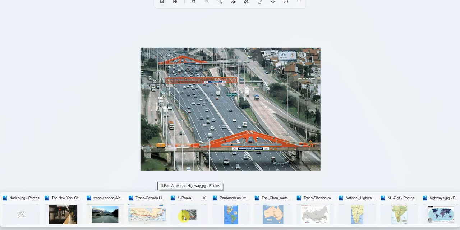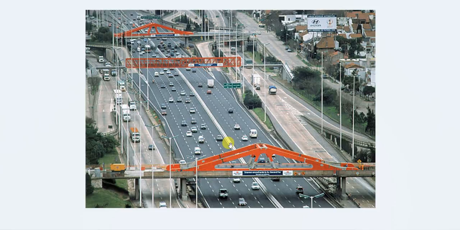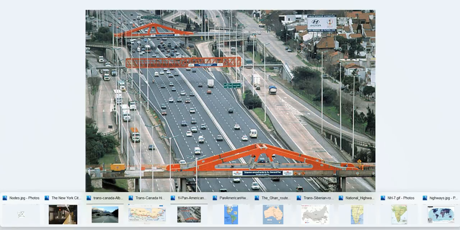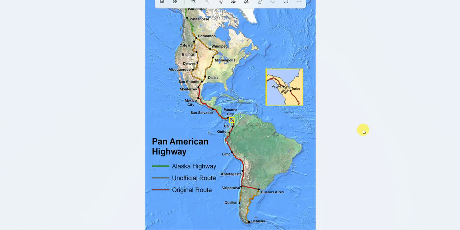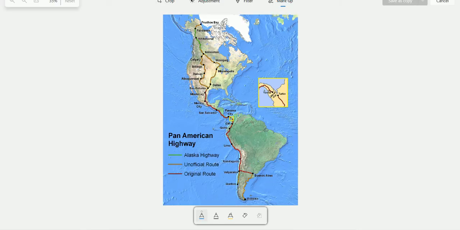Here is a photograph showing the Pan-American Highway, and here we have the map showing it. Just see here, it connects the continent of North America with South America. I think you may be seeing a very long line here. It connects North America, Central America, and South America up to here. So this is known as the Pan-American Highway.